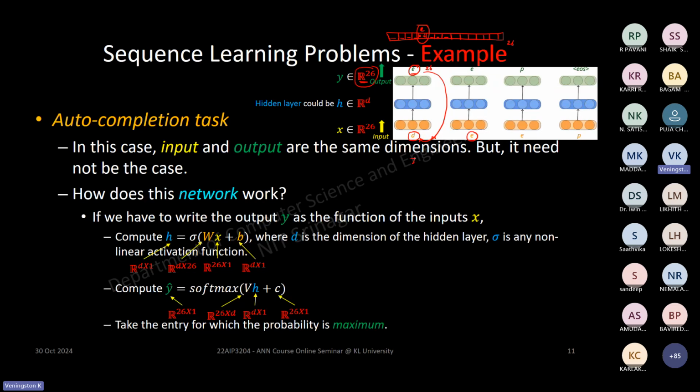Let's say at time t1, the model is predicting the next character after seeing one character. At time t2, it will predict the next character after seeing two characters. At time t3, it will predict the next character after seeing three characters, and at time t4, it will predict the next character after seeing four characters. That's what this number denotes.